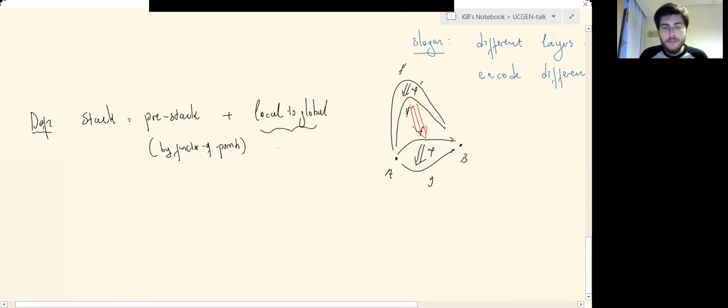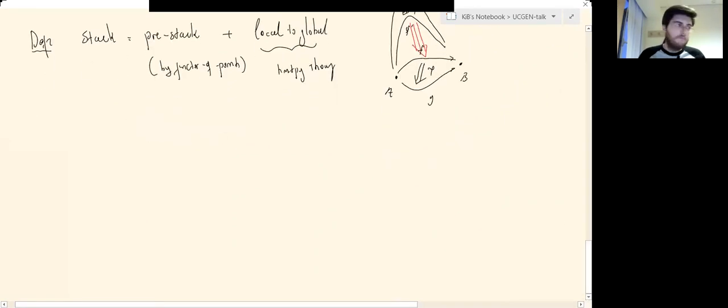To encode this, we need to use homotopy theory as well. That's another story, of course. More or less, this is the picture. Therefore, we will define all higher spaces and higher structures by using this functorial perspective.